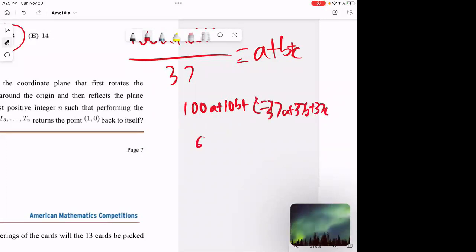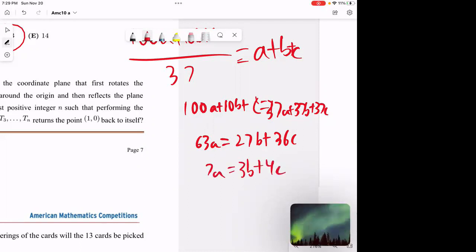So 63A equals, sorry, not 36B, plus 27B plus 36C, right? So from here we get that 7A, because we can divide each side by 9, 7A equals 3B plus 4C.